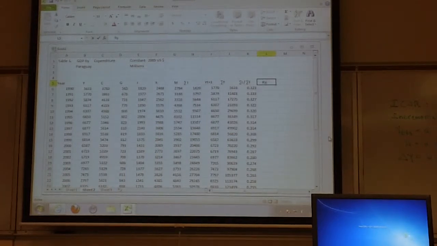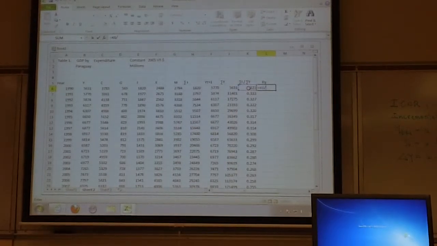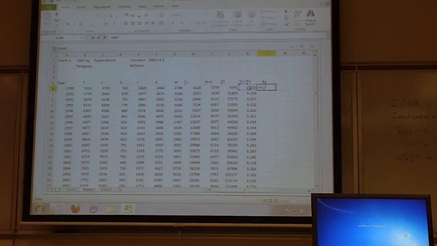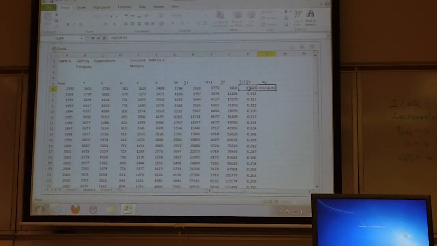Or y, growth rate of y, is equal to this number divided by the I-core, and that's going to be 10.92. Where's the I-core? It's not here. You moved it, remember? Oh. 195.